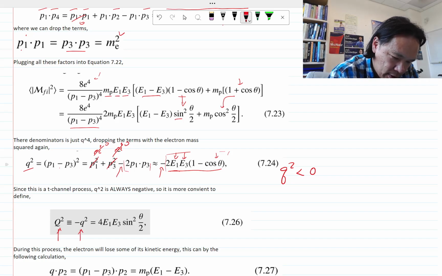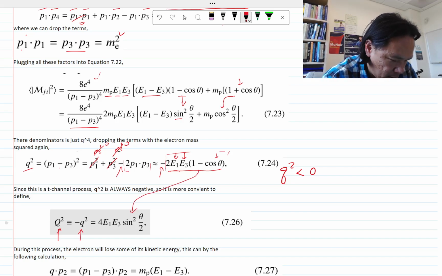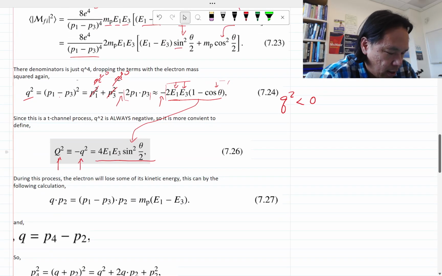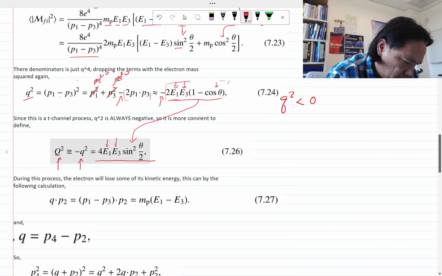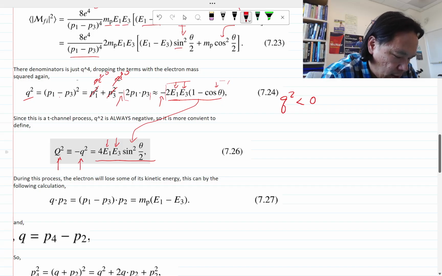With the substitution of the trig identity again, where 1 minus cosine theta is going to be 2 times sine squared theta over 2, we're going to define this capital Q squared as 4 times the energy of the incoming electron, the outgoing electron, sine squared theta over 2 of the scattering angle.